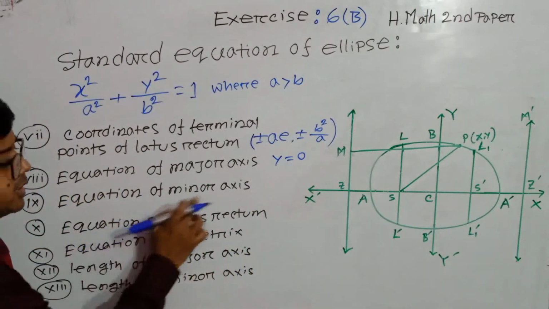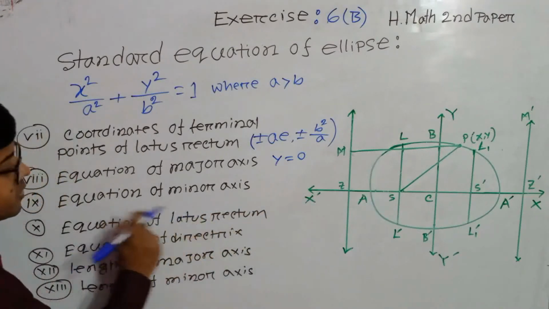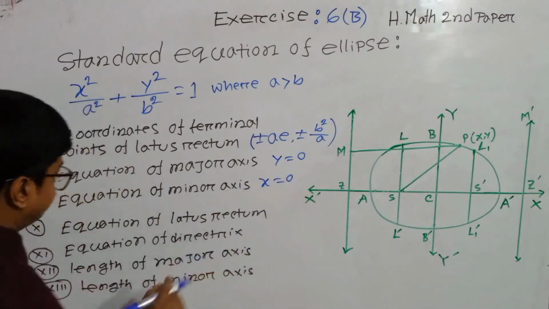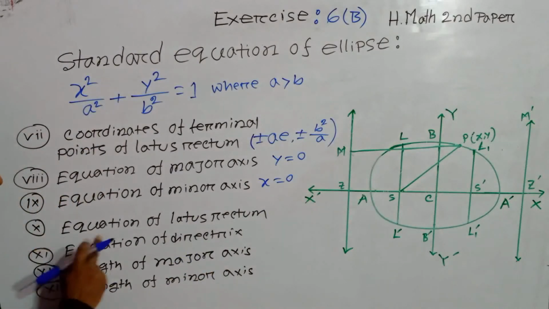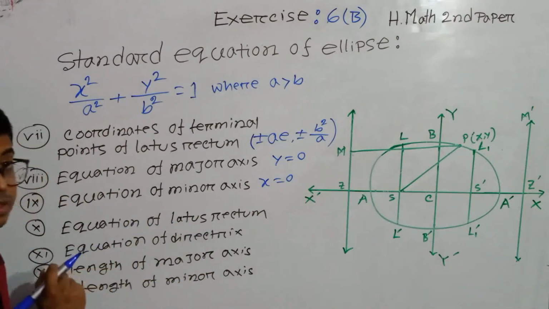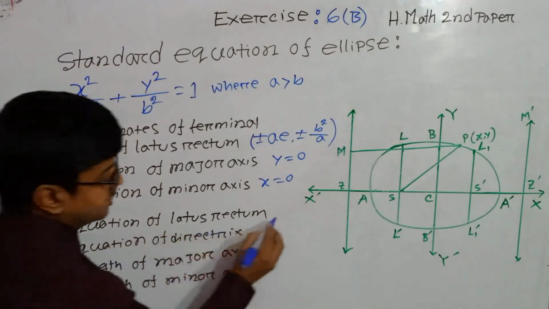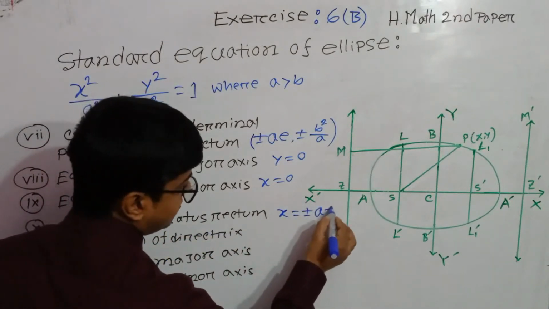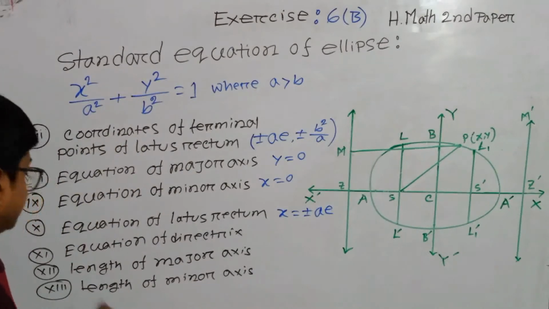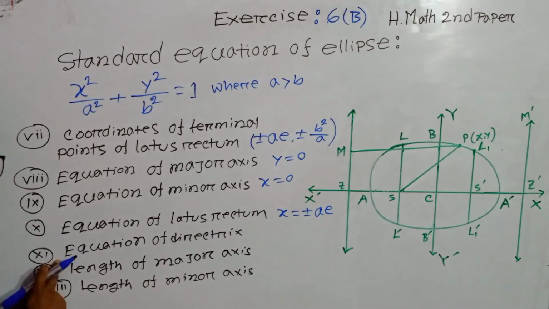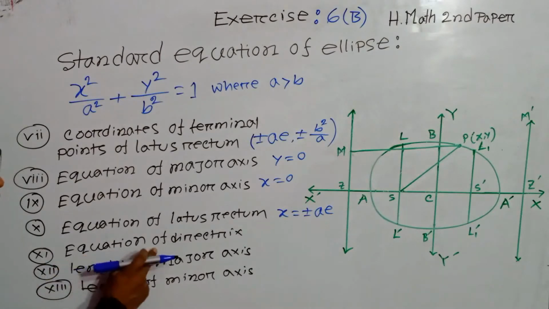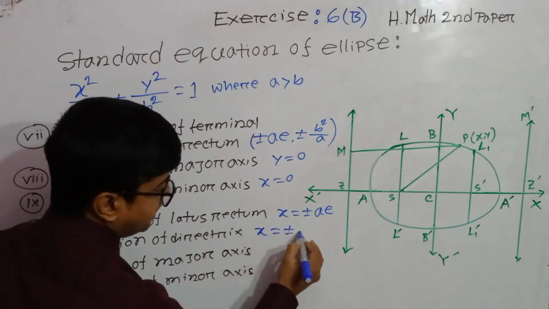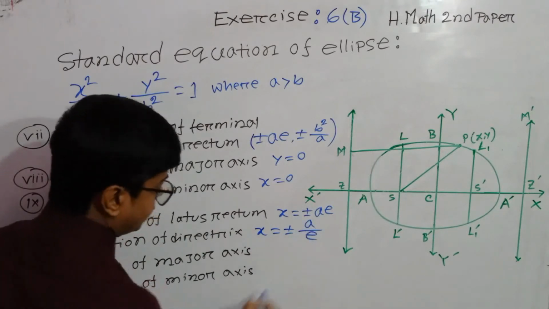Equation of minor axis: x equals 0. Formula number 10, equation of latus rectum: x equals plus minus ae. And formula number 11, equation of directrix: x equals plus minus a by e.